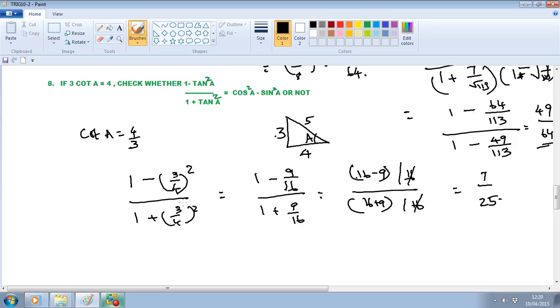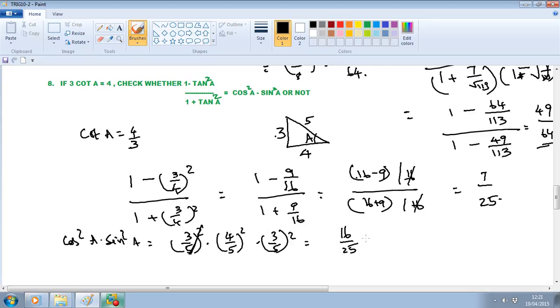So we'll do the same thing for the other one. What about cos square A? What is cos A first? Cos A is 4 by 5. So cos square A minus sin square A: cos square A is 4 by 5 whole square, sin square A is 3 by 5 whole square. 4 multiplied by 4 is 16, 16 divided by 25, minus 3 square, which is 9 divided by 25.